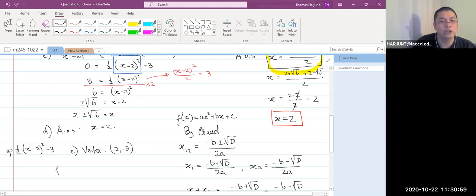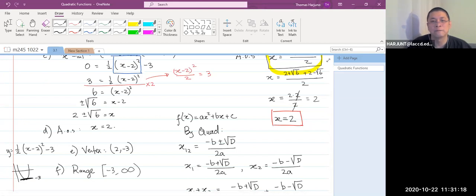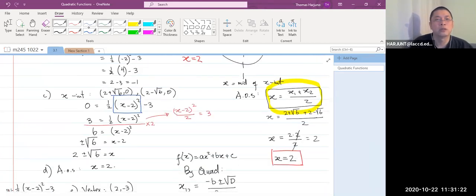So the range will be, we know it opens up, starting from negative 3 to infinity. The one on the right hand side here is my scratch work, some explanation about the axis of symmetry.